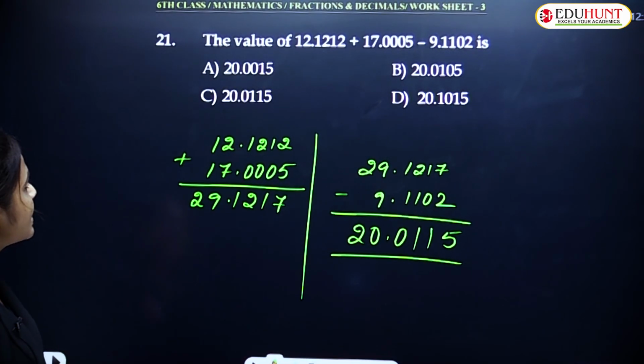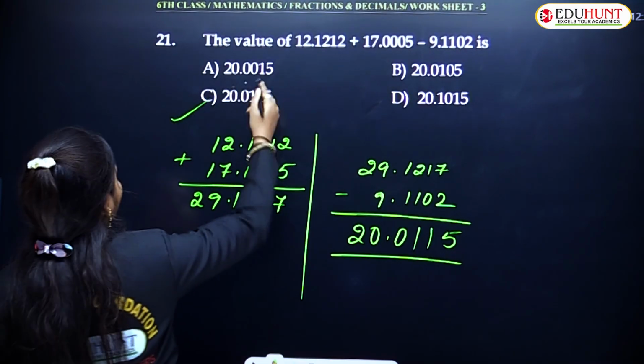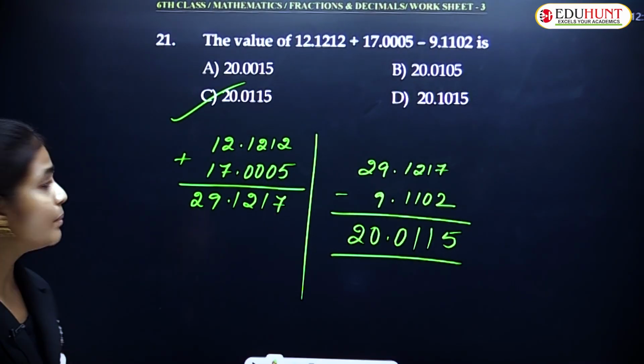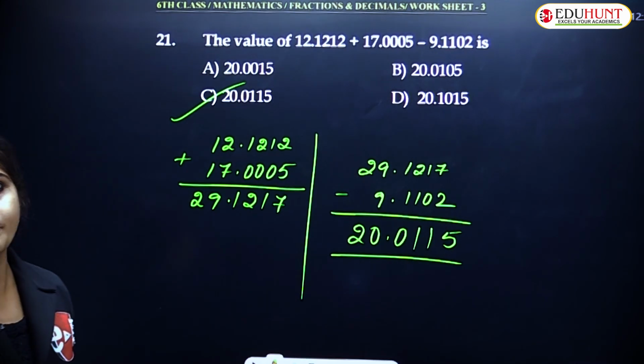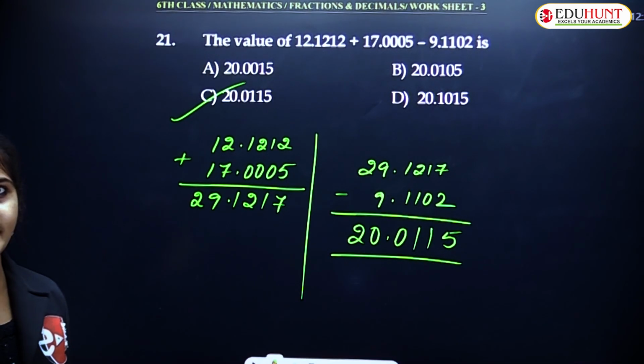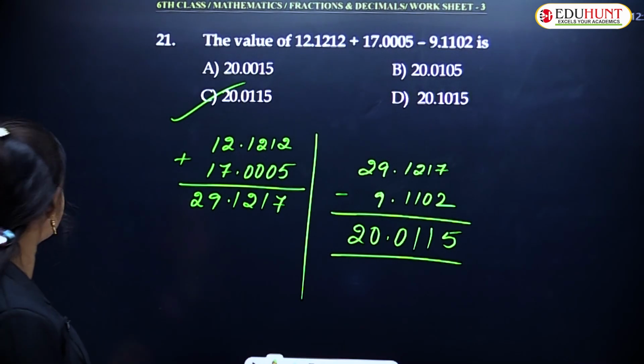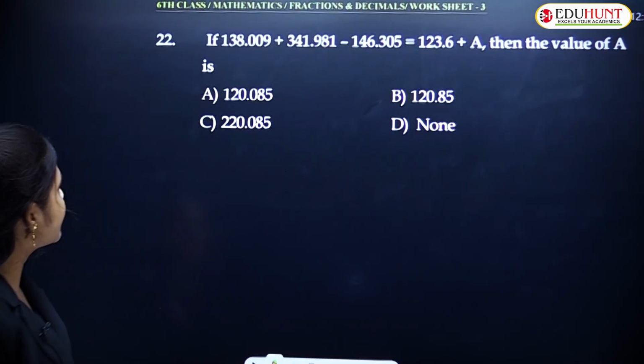So 20.0115. Which option is satisfying here? Option C is satisfying, 20.0115. Understand?